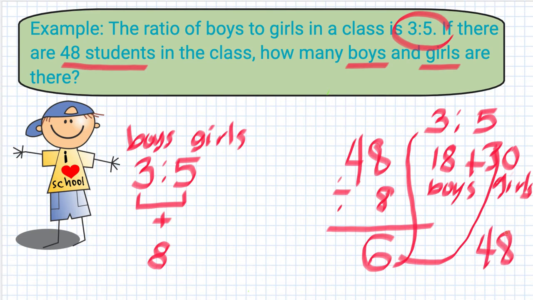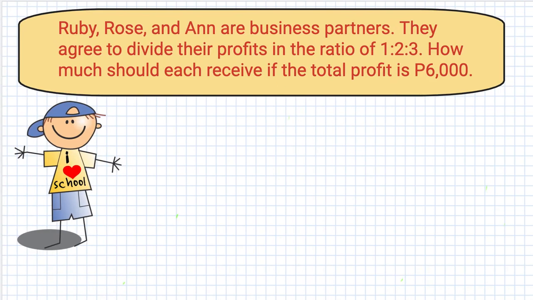Again, the objective here is to distribute the total number of students with the ratio of boys to girls of 3:5. Now, another problem. Ruby, Rose, and Anne are business partners. They agree to divide their profits in the ratio of 1:2:3. How much should each receive if the total profit is 6,000?